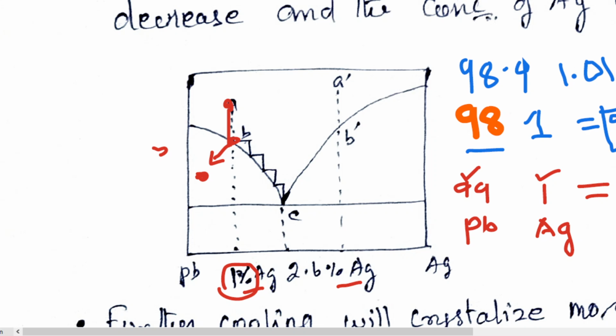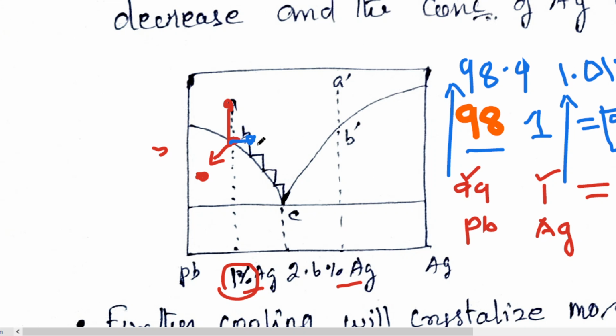If you see now, the lead decreased from 99 to 98.9%, but the silver remains as 1 gram, and its percentage increases in the liquid melt. When lead is precipitated at this point, the composition automatically changes to this place.